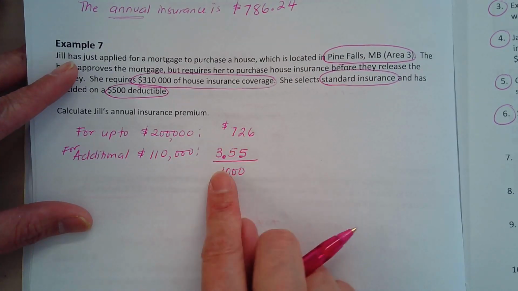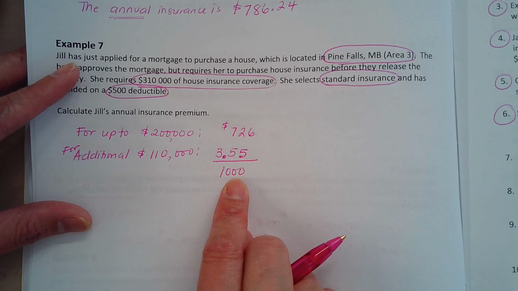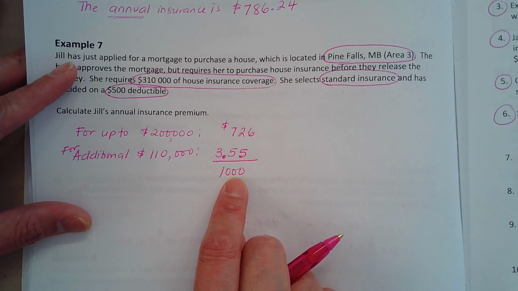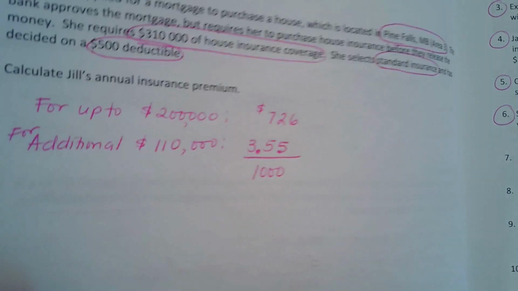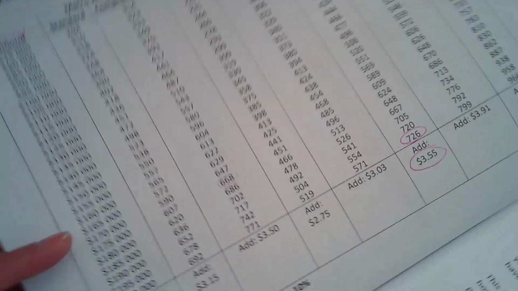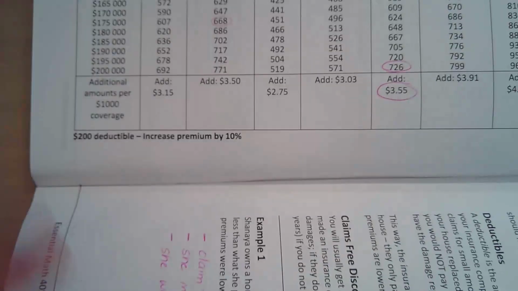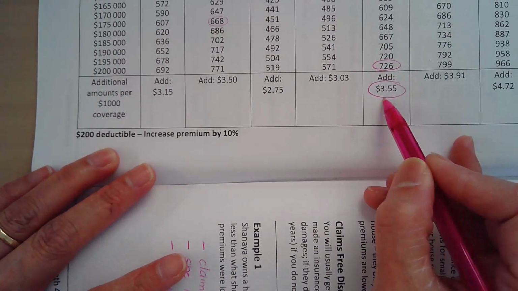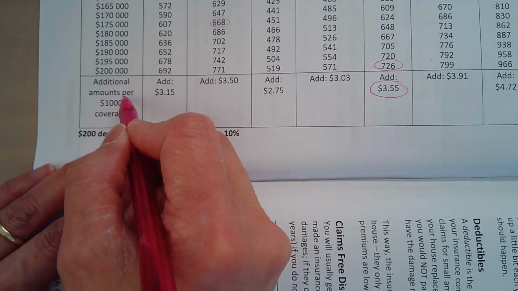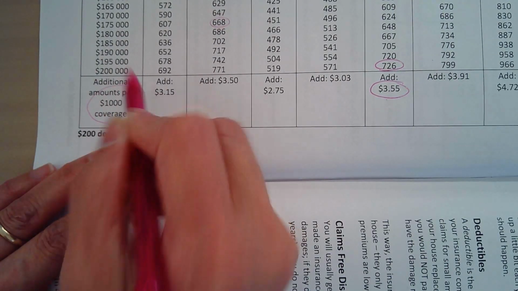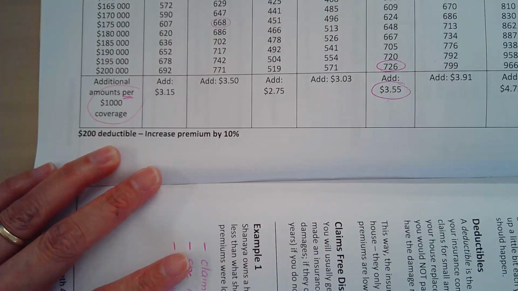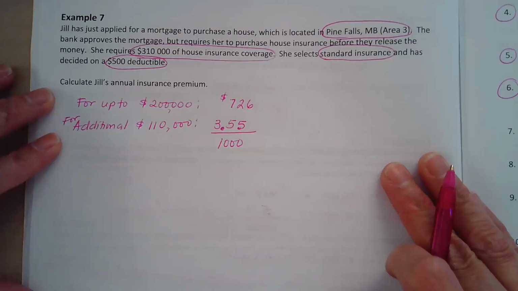Now, if you forget that per thousand, is there a way for you to remember that? Because you're gonna see it in here, right? $3.55, and then if you look over here, per thousand. What does the word per mean? Per means divide. Yeah, divide 1,000.